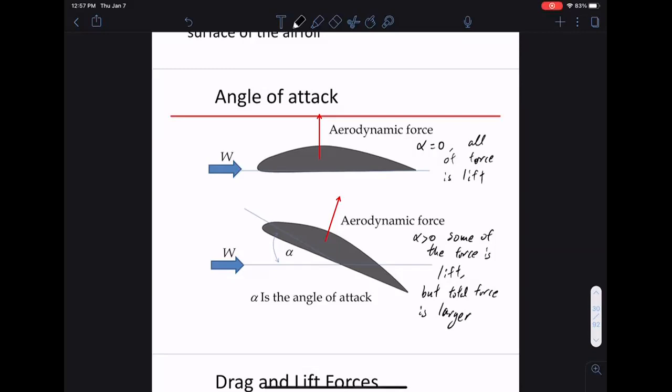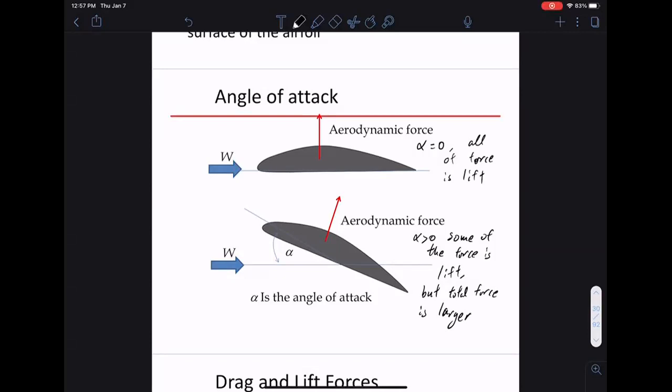With an angle of attack of 0, the wind comes in this way and everything is perpendicular, turning the blade. But if the angle of attack is positive, some of this force is wasted, but you have a larger force in total.